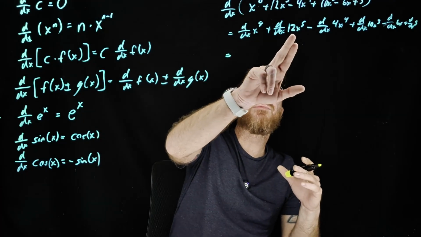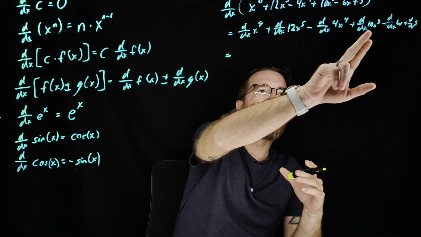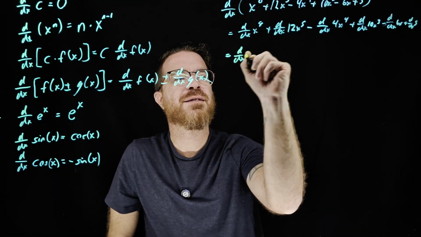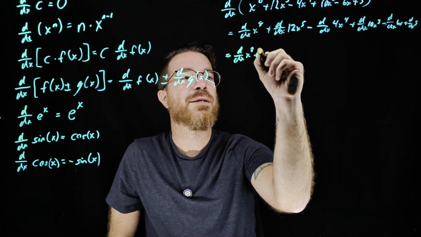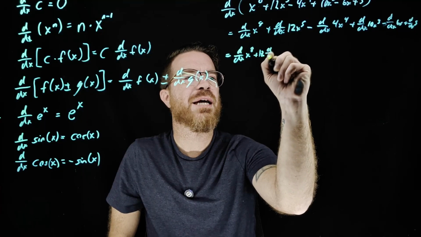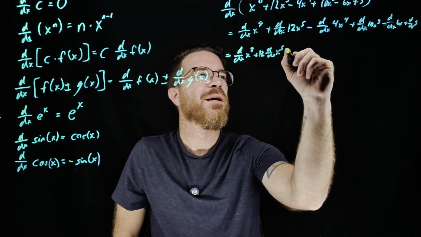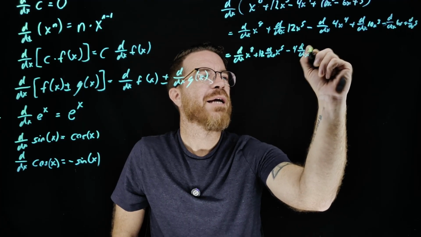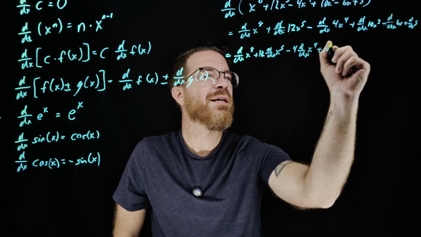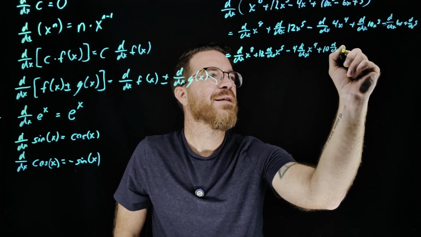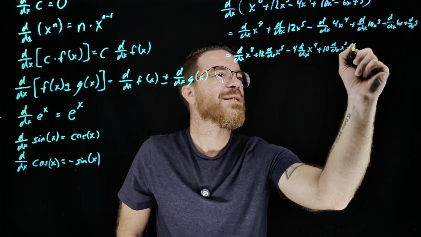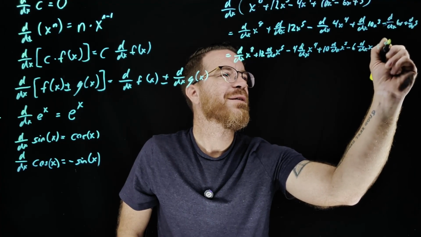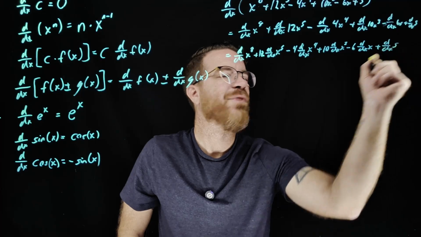I'm going to then focus on these terms that have constants in front of them, so I'll pull those out. So this is going to end up being d/dx of x to the 8th plus 12 d/dx of x to the 5th minus 4 d/dx of x to the 4th plus 10 d/dx of x cubed minus 6 d/dx of x plus d/dx of 5.